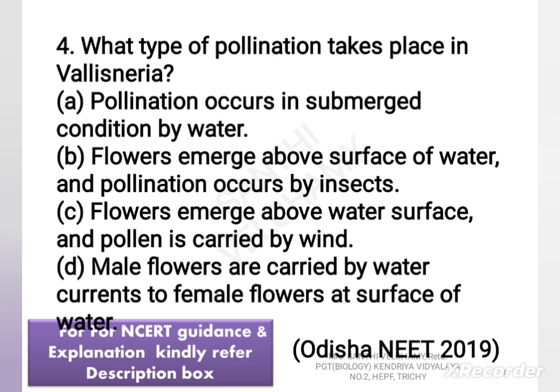The correct answer is D. In Vallisneria, the female flowers reach the surface of water by the long stalk and the male flowers or the pollen grains are released on the surface of water. They are carried passively by water currents. Some of them eventually reach the female flowers and the stigma.